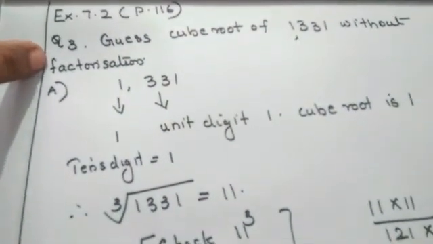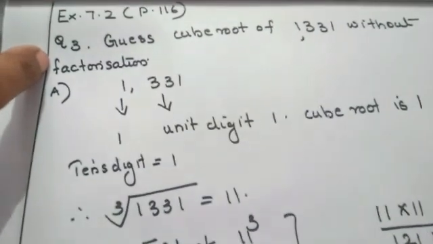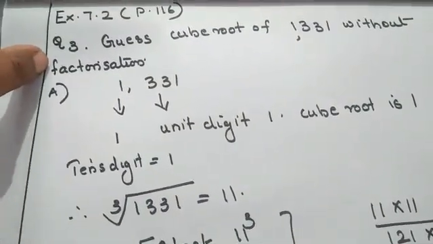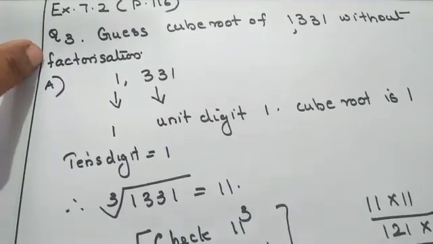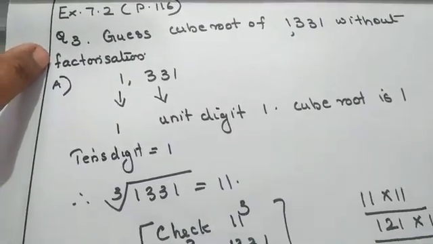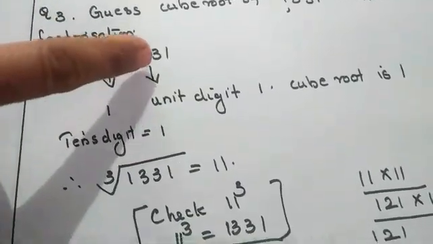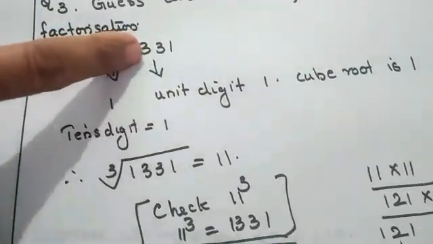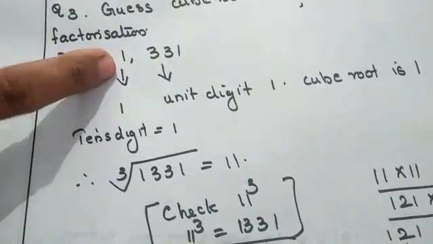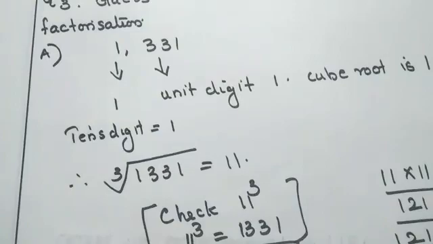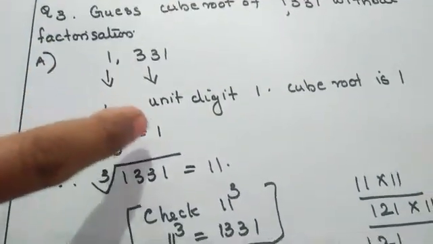Last exercise question. Guess the cube root of 1331 without factorization. Without factorization means the method of estimation. Here we group from the right 3 digits, leaving 1 digit here. 331. Ones place is 1.